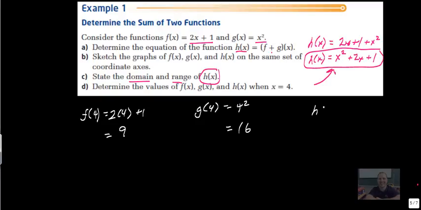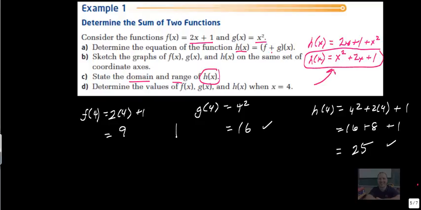And h of 4 is 4 squared plus 2 times 4 plus 1, so that would be 16 plus 8 plus 1, and of course that's 25. So that all checks out. We have 9 plus 16 equals 25.